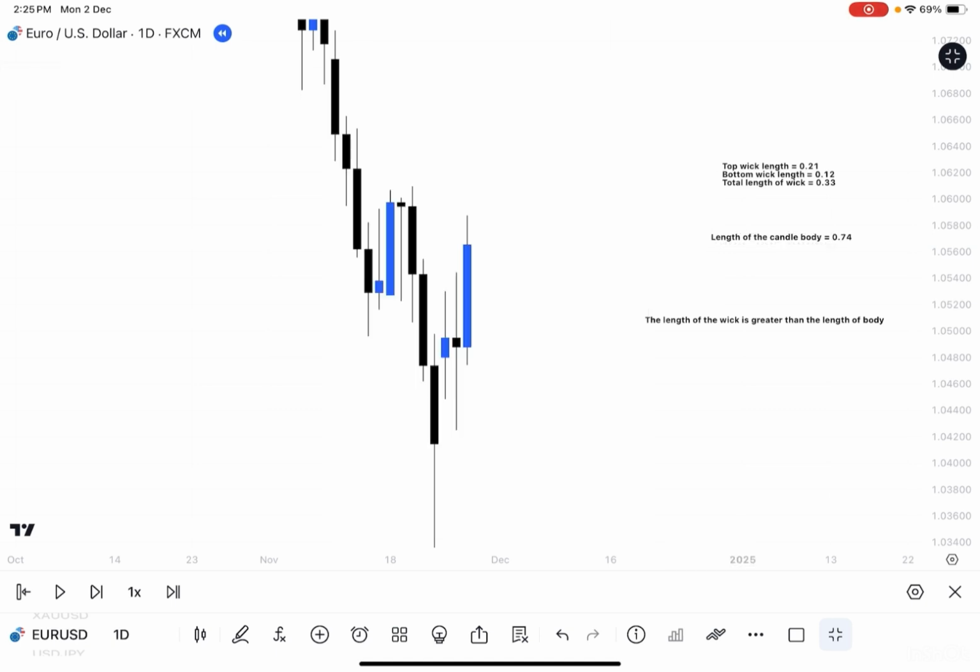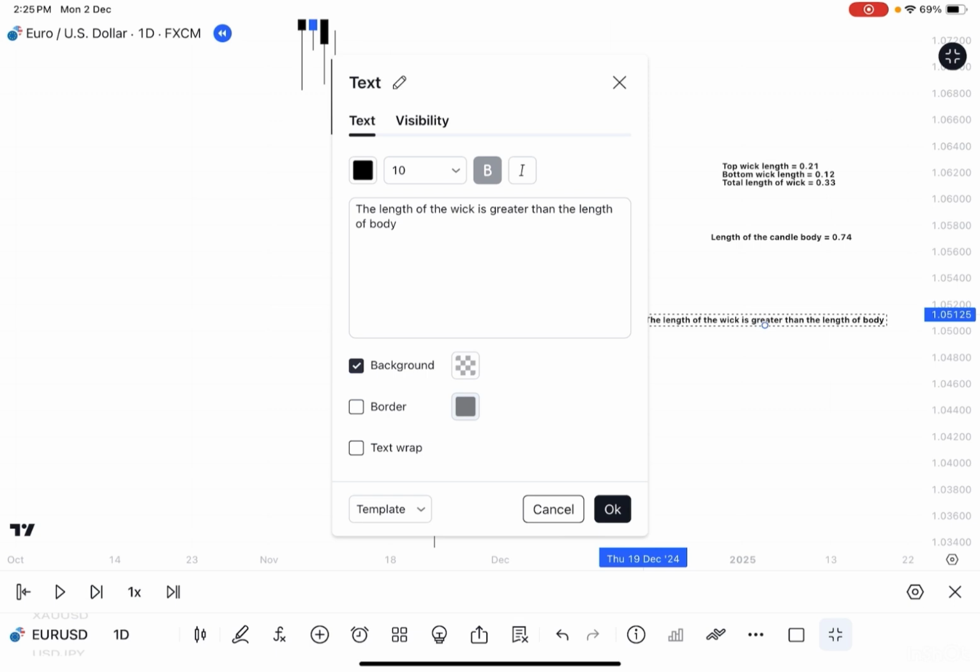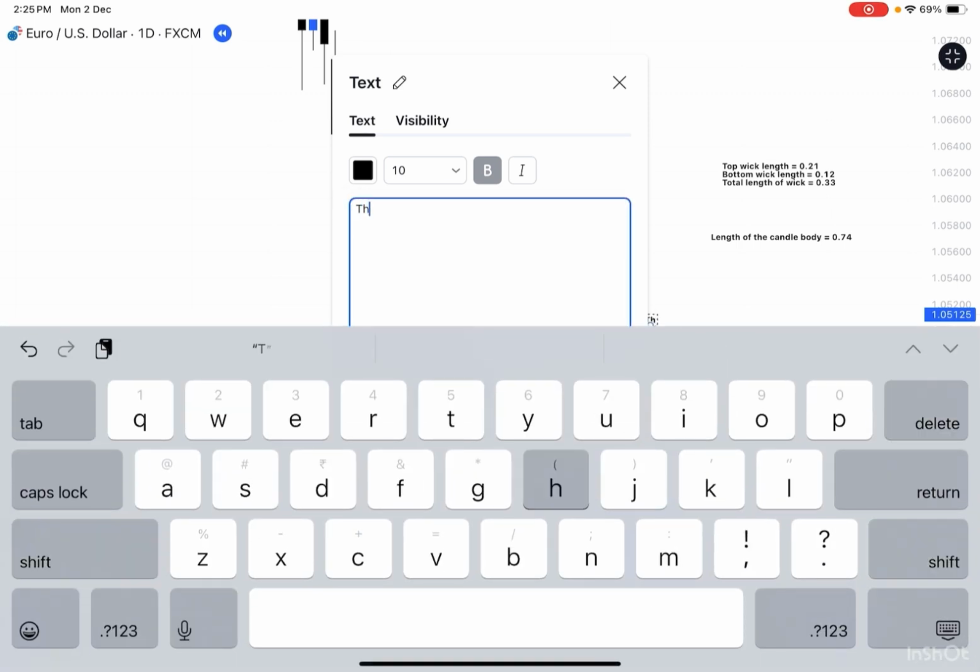So now here the length of the body is greater than the length of the wick.